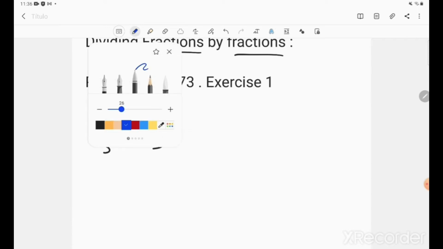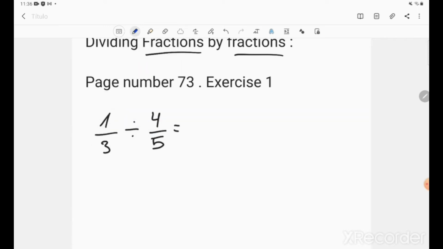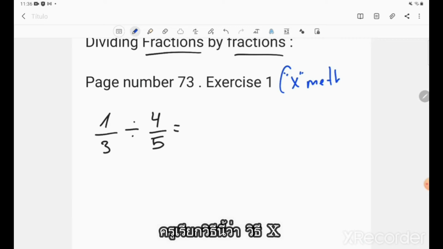I'm gonna explain to you. Okay, the X method. Why we call it the X method? Because we are going to use this method.